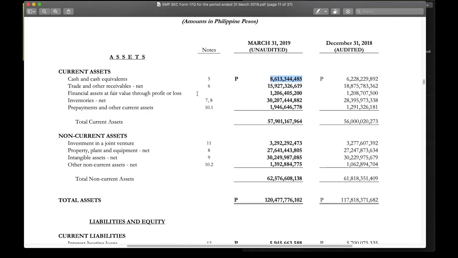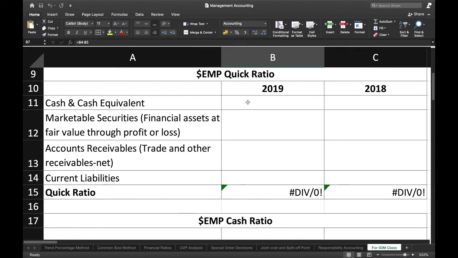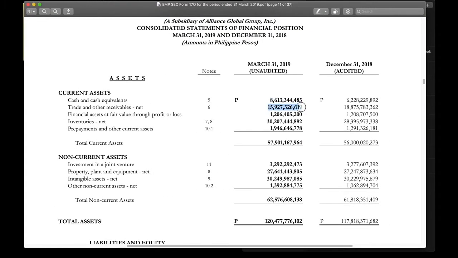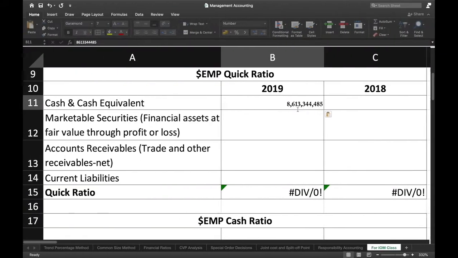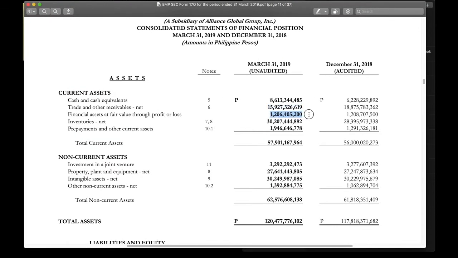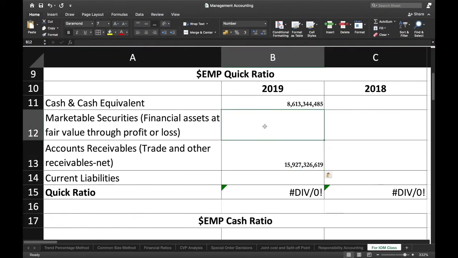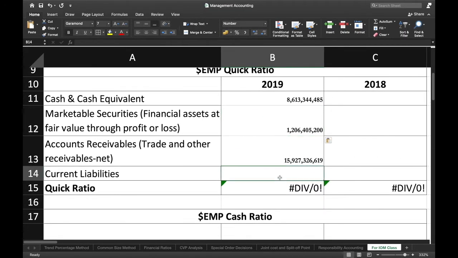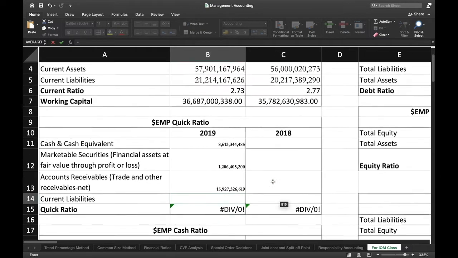Okay, so let's try. Cash and cash equivalents, year 2019. So, paste. Trade and other receivables. Copy and paste here. And financial assets at fair value through profit or loss or the marketable securities, year 2019. Paste. Okay, current liabilities. Kopyahin natin dito. Equals na lang natin. Same lang naman sila ng content sa unang computation.